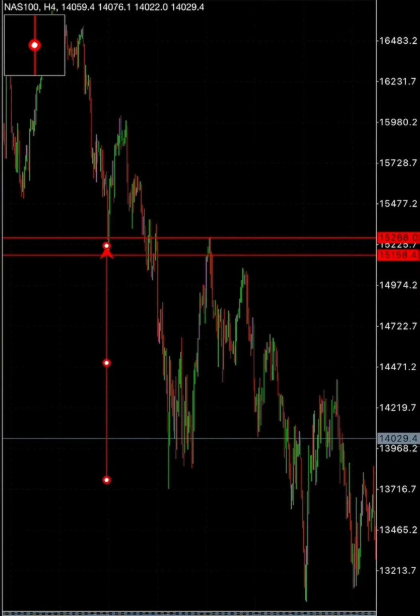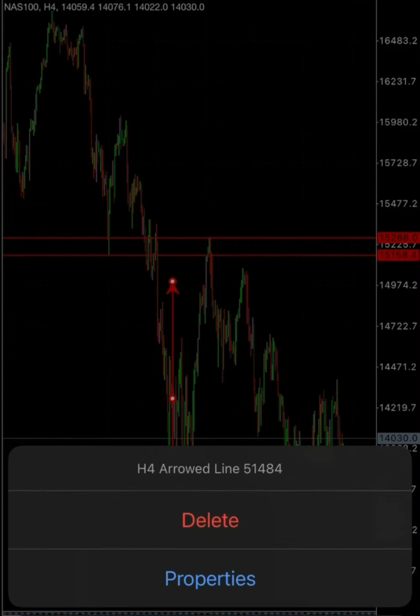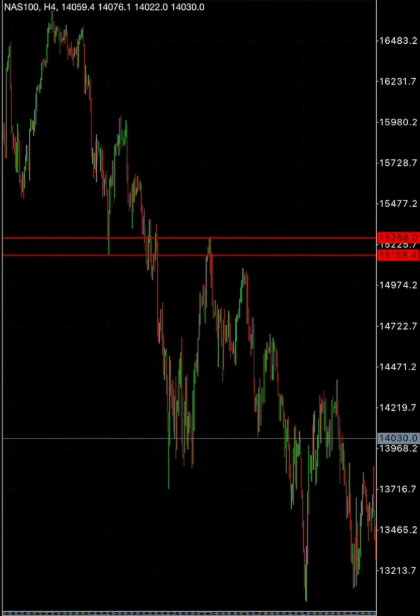The breakout, then the retouch, or should I say the retest, making it a resistance level, support turning resistance. That's noted. What I'm showing you is how I trade NAS100. I'm just trying to simplify it.